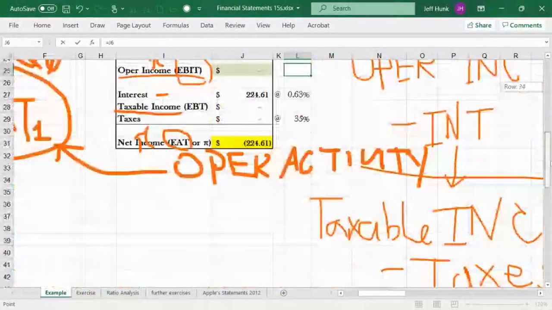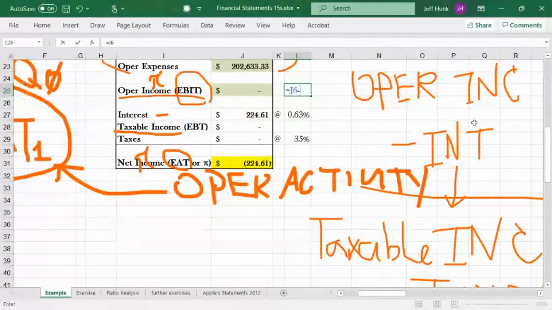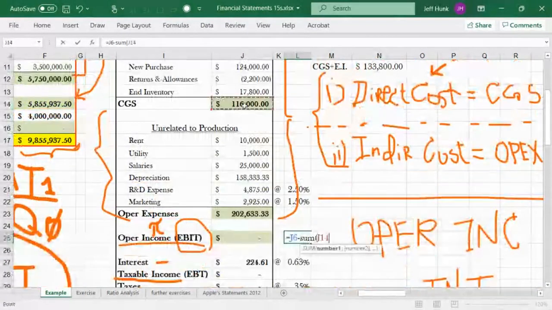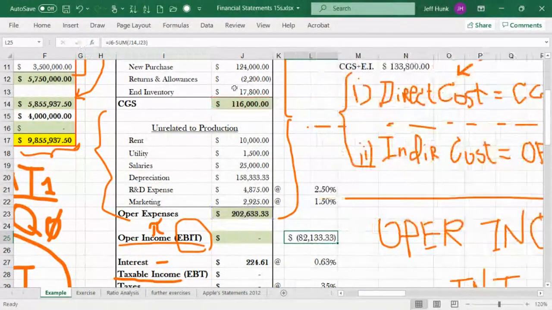From net revenue, minus the sum of these two, CGS and OPEX, then what do we get?